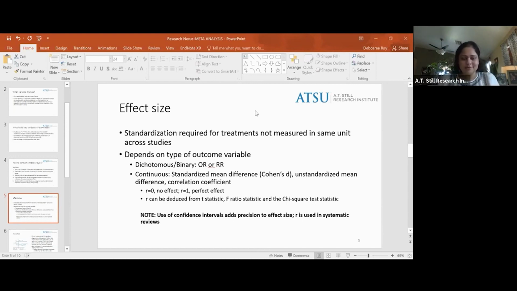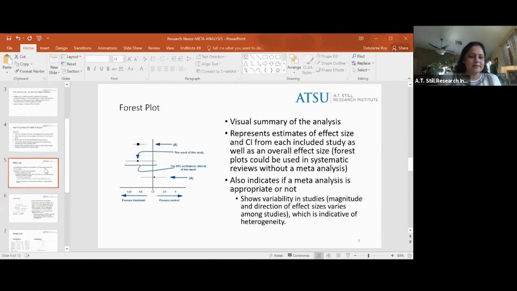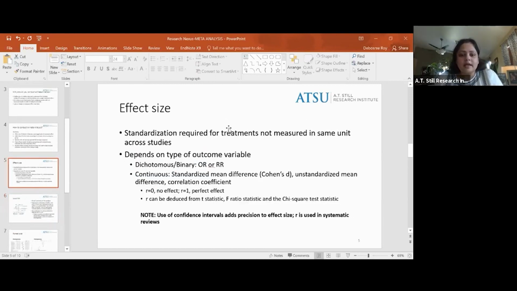Well, of studies, not people. Sorry. So there are 2 basic types of outcome variables: dichotomous and continuous.